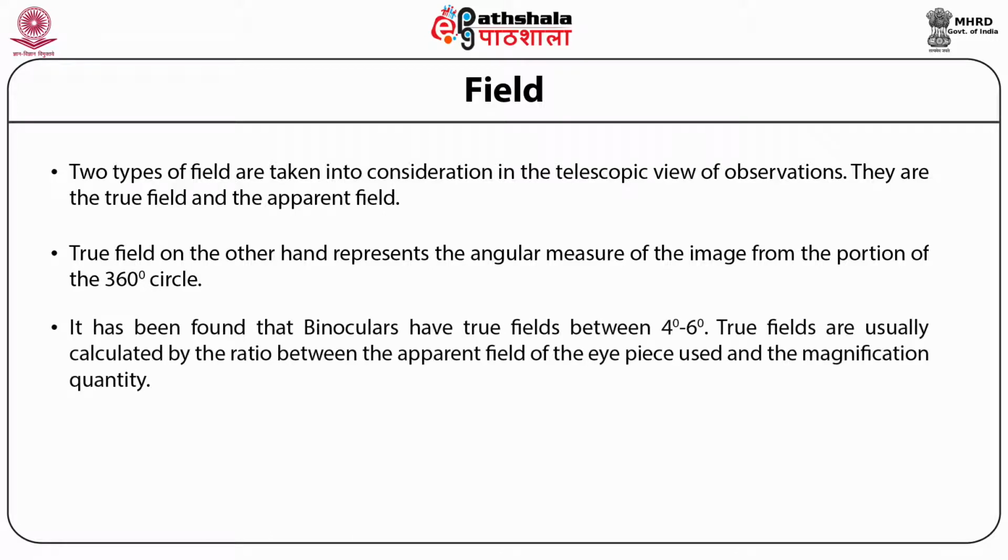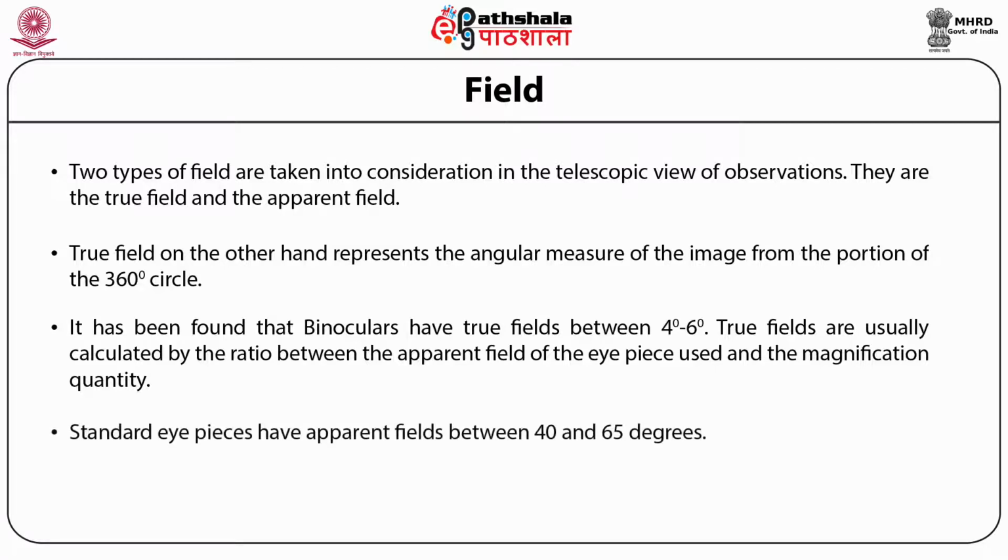It has been found that binoculars have true fields between 4 degrees to 6 degrees only. True fields are usually calculated by the ratio between the apparent field of the eyepiece used and the magnification quantity. Standard eyepieces have apparent fields between 40 to 65 degrees.